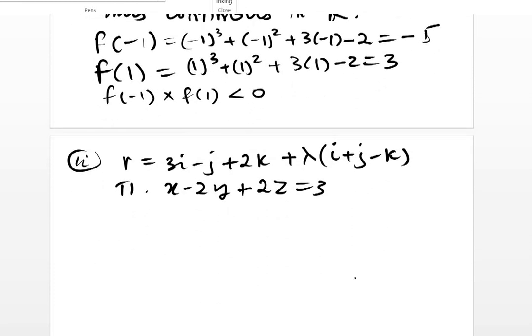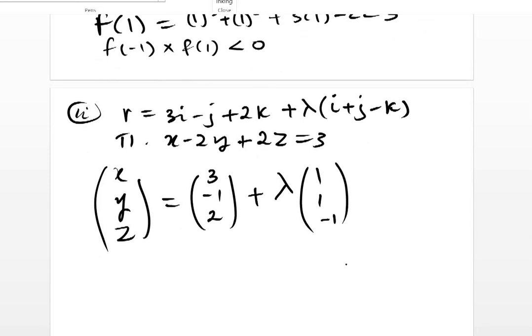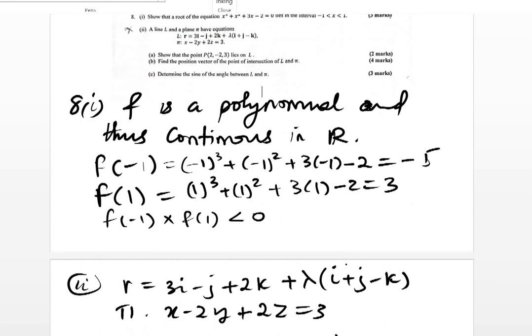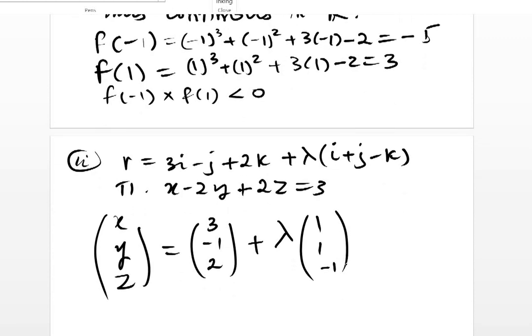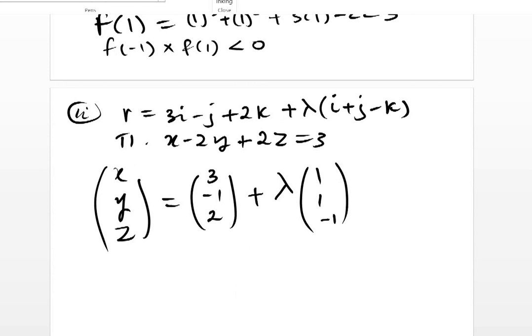From this vector equation of a line, in Cartesian form we have x, y, z equals 3 for the i, negative 1 for the j, 2 for the k, plus lambda times 1, 1, negative 1. Okay, now if the point is on the plane, 2, negative 2, 3, it means it satisfies this.